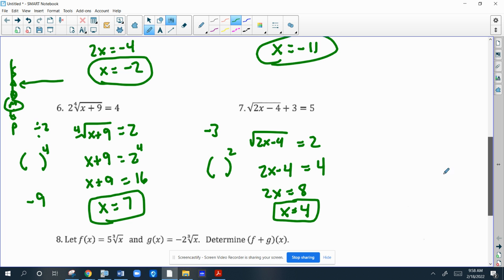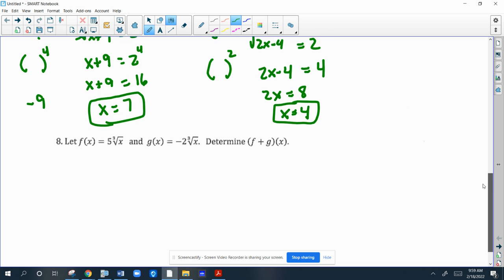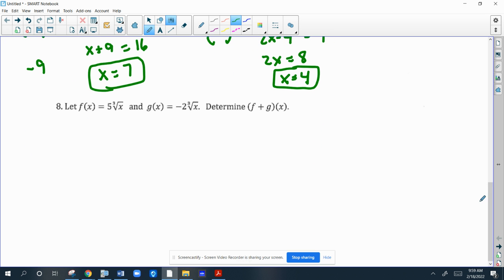The next problem. This one is an addition problem. So it's asking us to add f plus g of x. So that's f of x plus g of x.